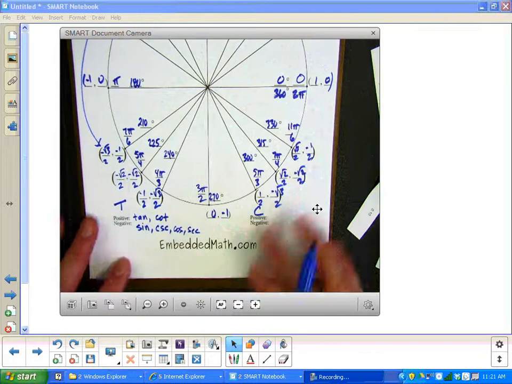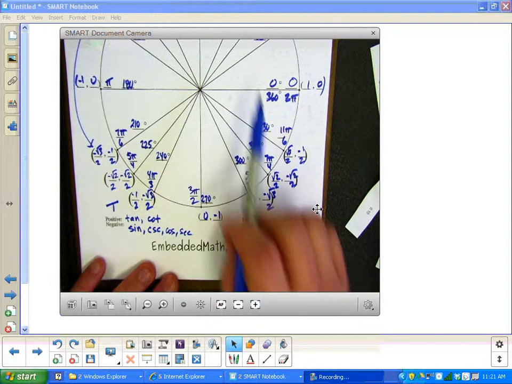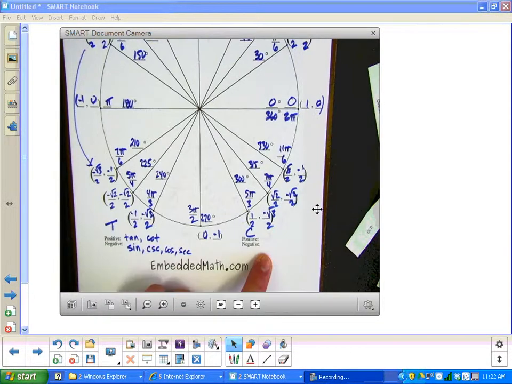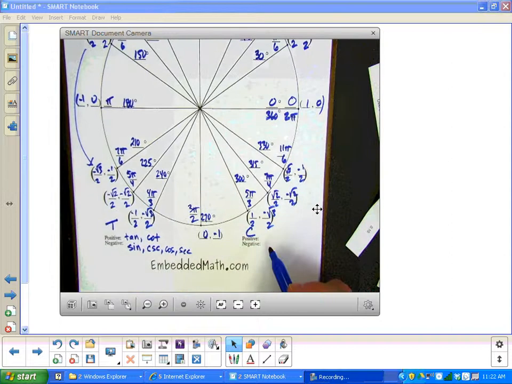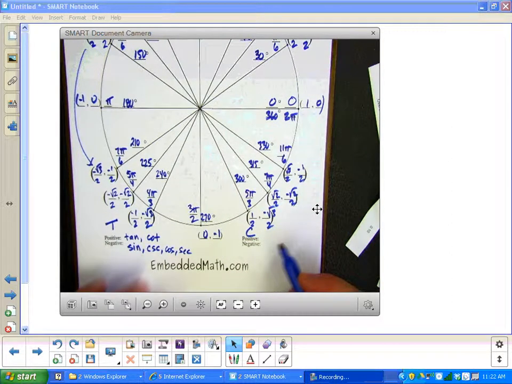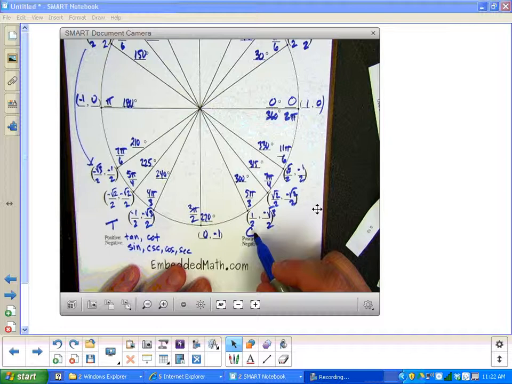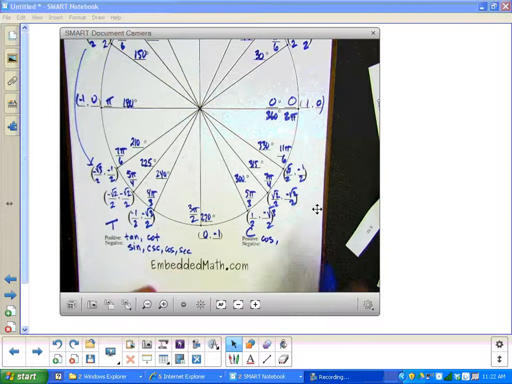Now, on this one, let's see. Here we go. Let's go back over here. All seniors take calculus. Oh, that's a good one. All seniors take charge. All right. So C stands for cosine being positive. So if cosine is positive, so is secant.